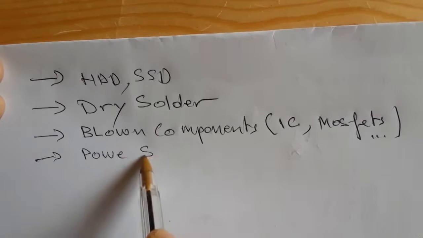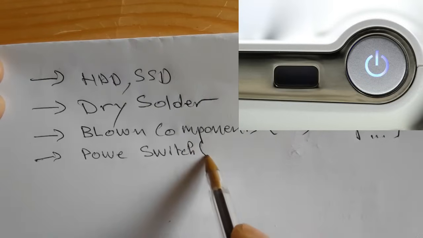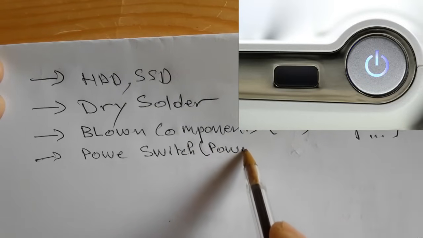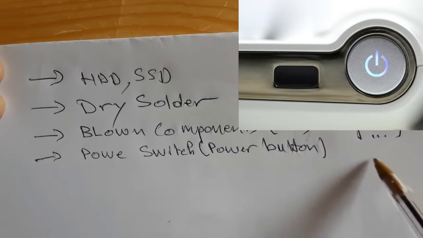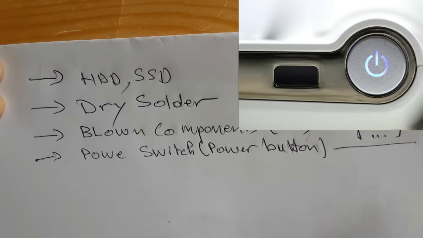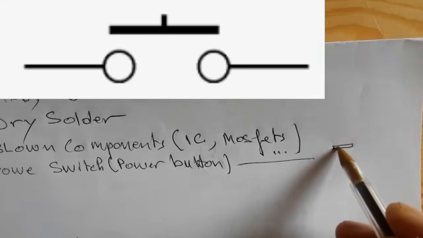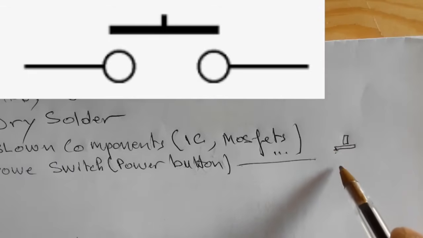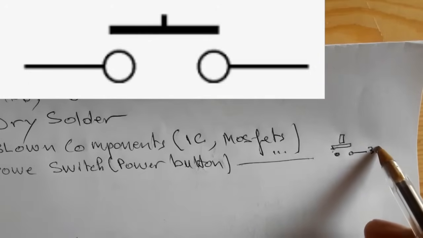So we have also the power switch, or the power button. If there is any problem in the power switch, even if the power is present, the adapter is good, and the power jack is good, when you press the power switch, you will not get any response.